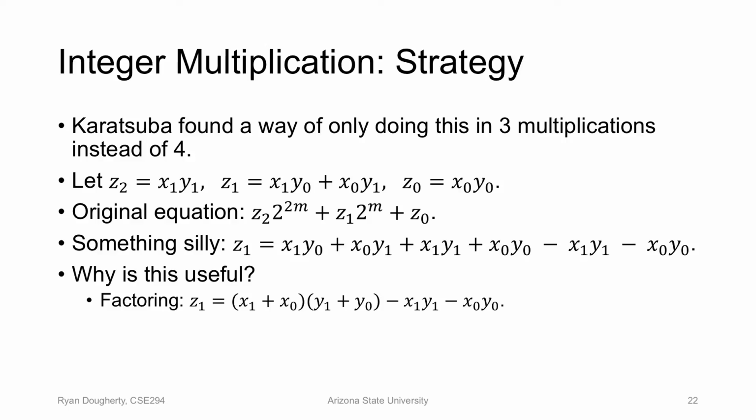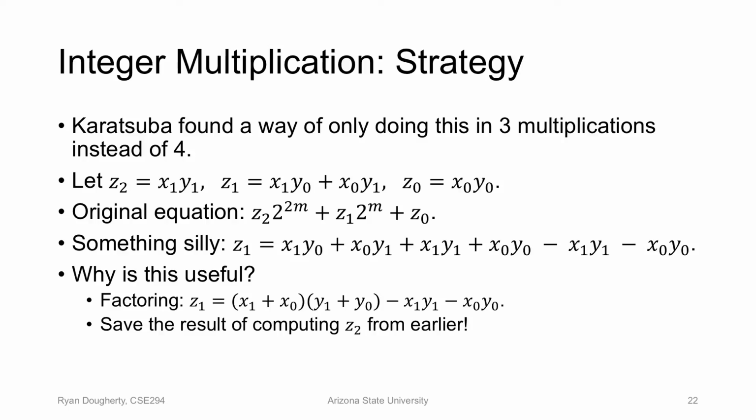O of n-ish time, yeah. So O of n time to add. So I'm storing these sums, and these are order n bits each. That's just 1 multiplication. I'm not doing 2 multiplications over there. So I have 3 multiplications now, not 4.